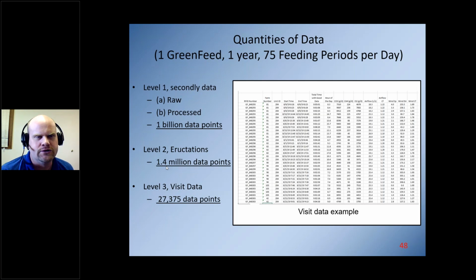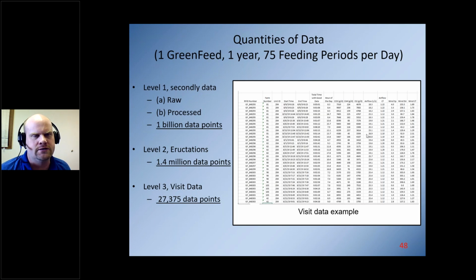And of course, the visits, which is usually the starting point researchers use for further analysis, would be about 27,000 visits. We have people using GreenFeed with maybe 125 visits per day and 10 different GreenFeeds, and they end up with very large data sets.